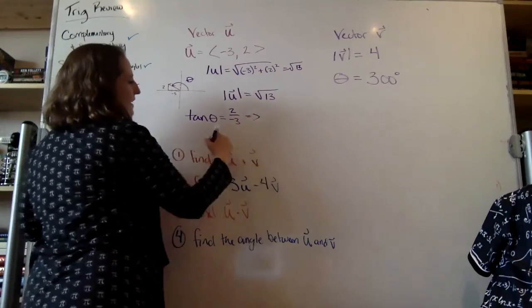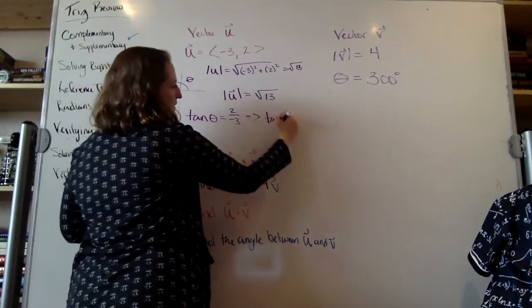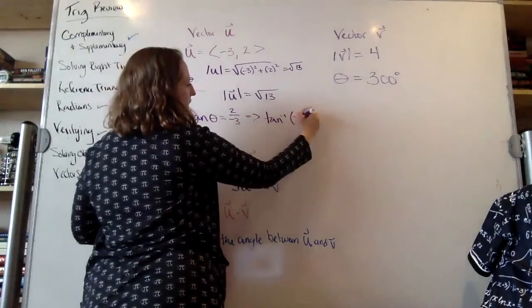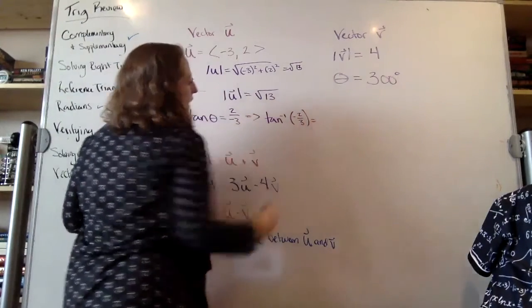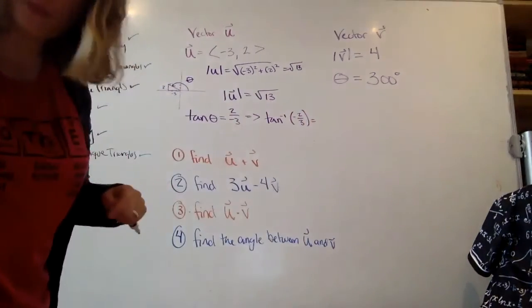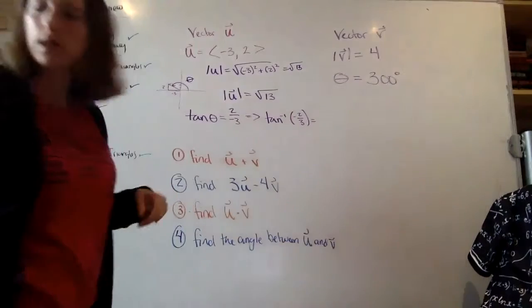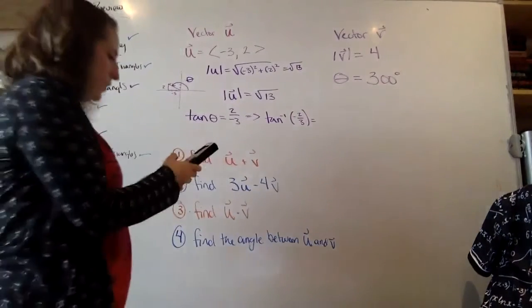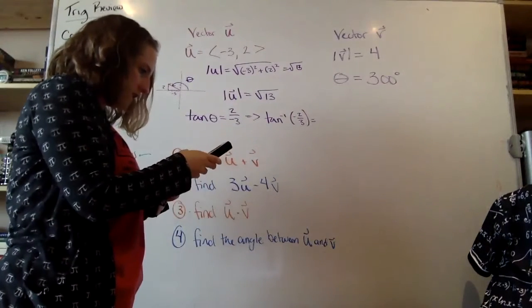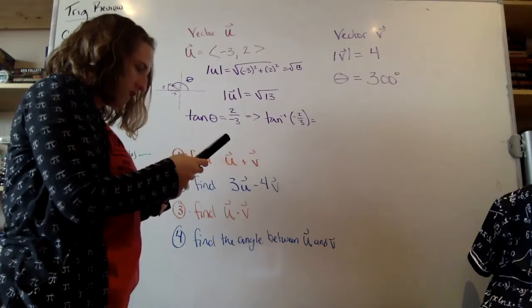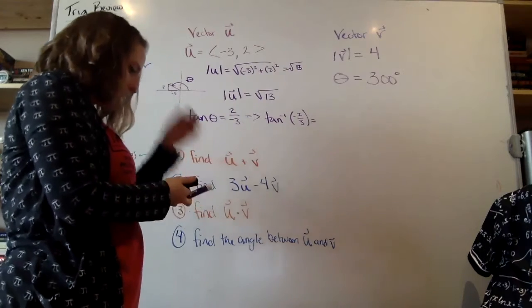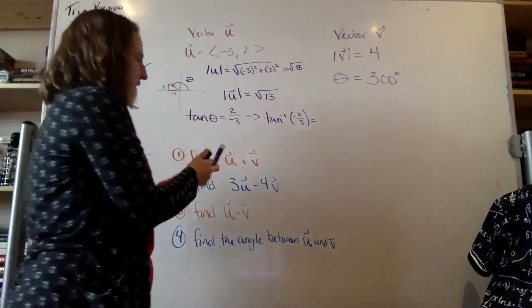So that means to find theta, I can think about doing inverse tangent of -2/3. And when I do that, okay, calculator. When I do that, inverse tangent of -2/3, we get -33.7 degrees.